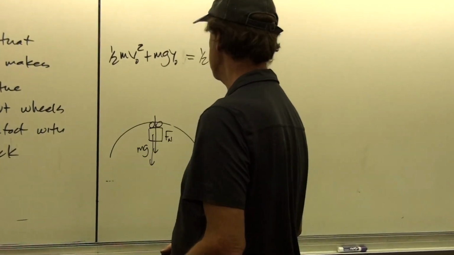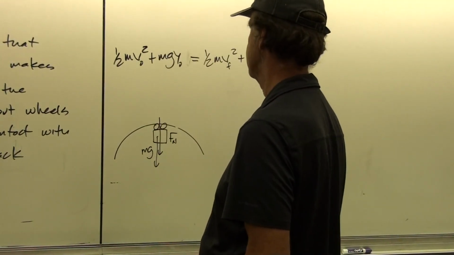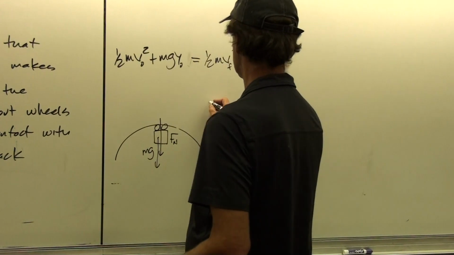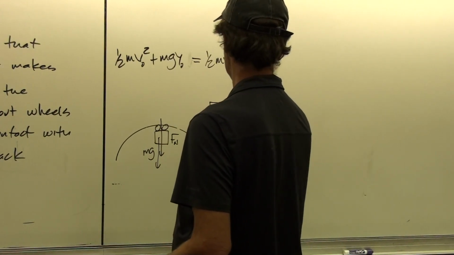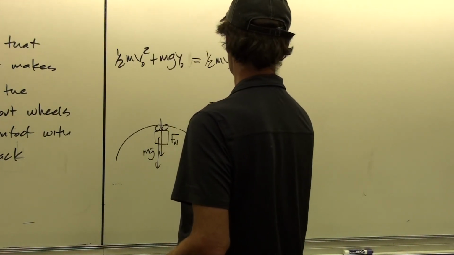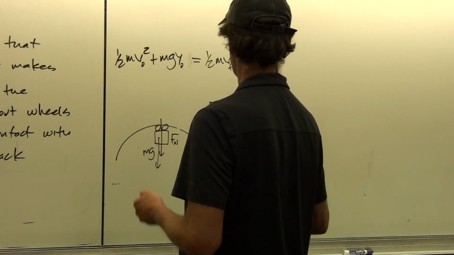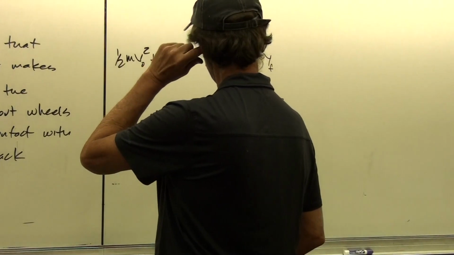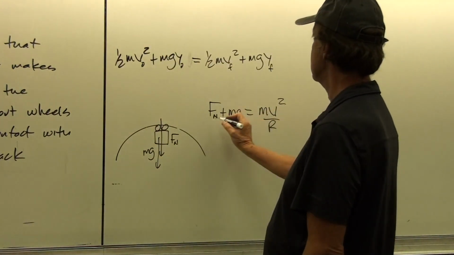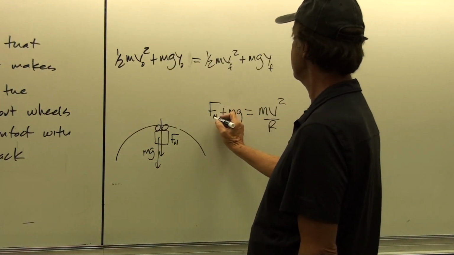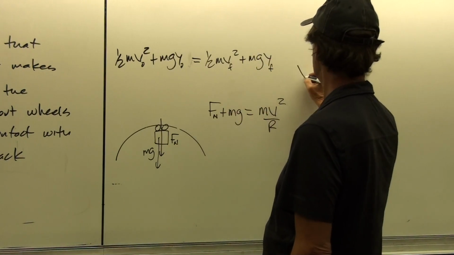If you're at the bottom, it wouldn't be, but at the top, it is. Okay, and so you can say that the sum of the forces inward, F normal plus mg, equals mv squared over r. But if we want the minimum velocity, we get the minimum velocity when the force normal just equals 0.